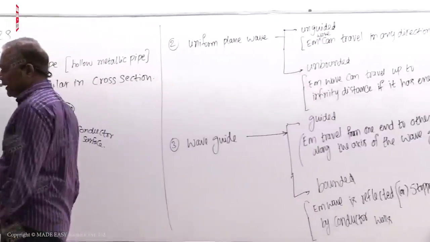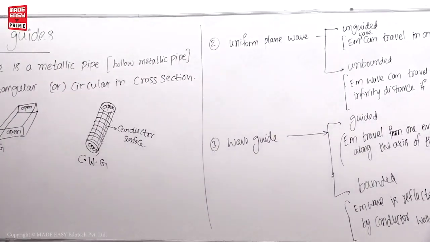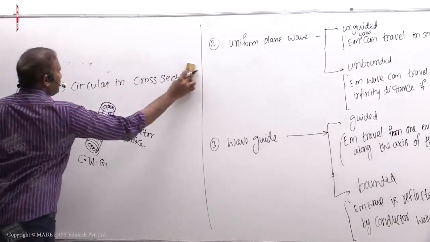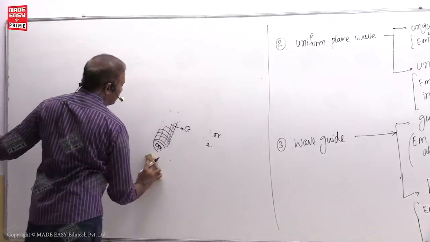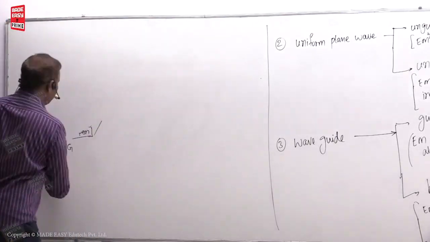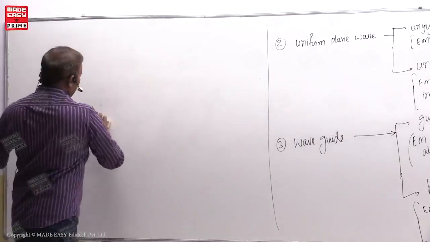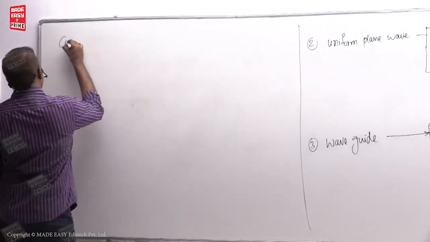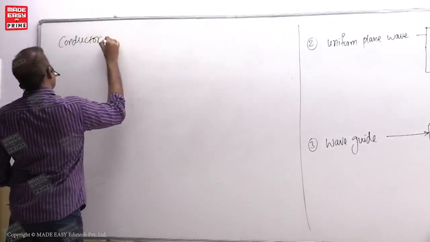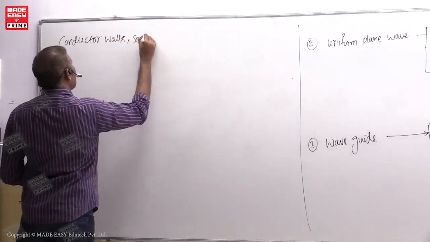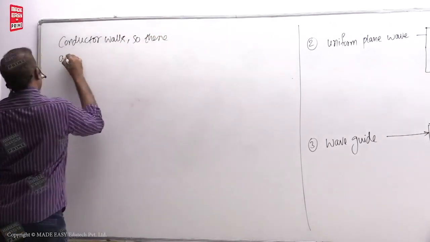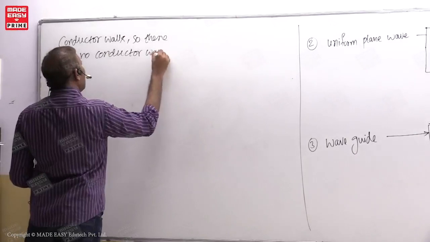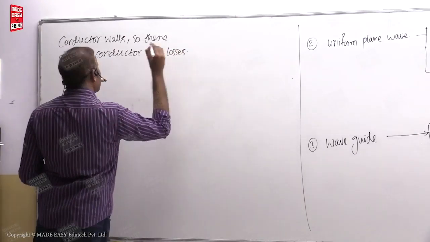No signal enters into the conductor walls. So there are no conductor wall losses.